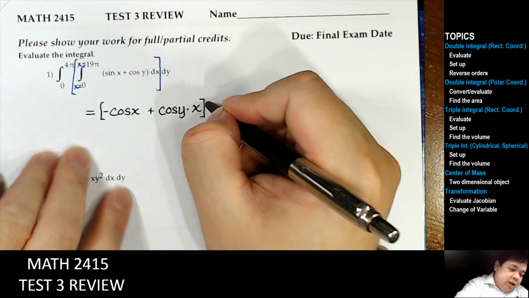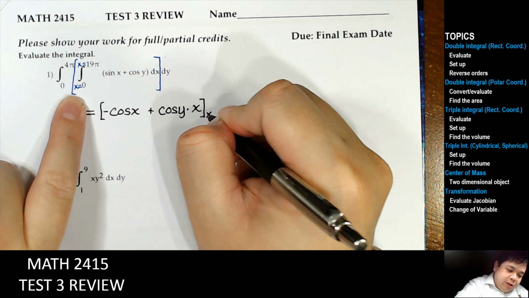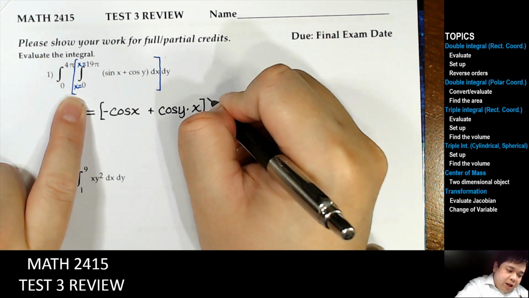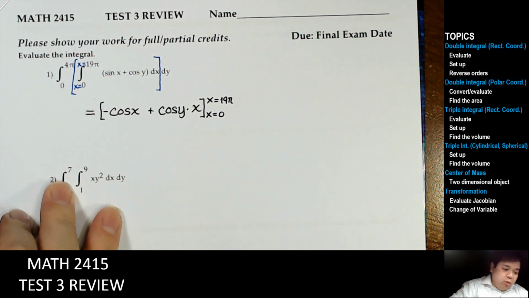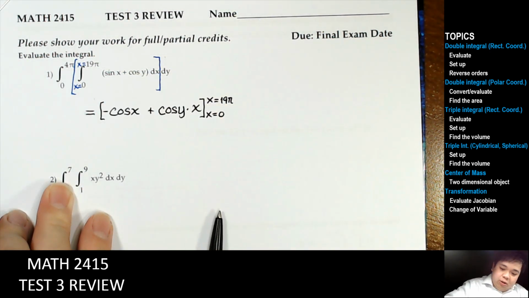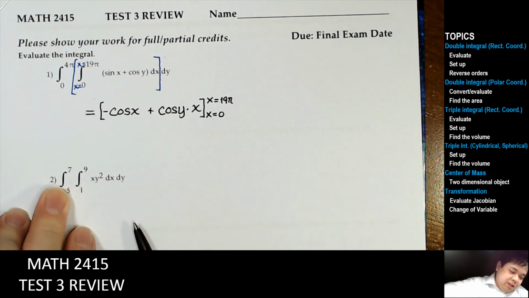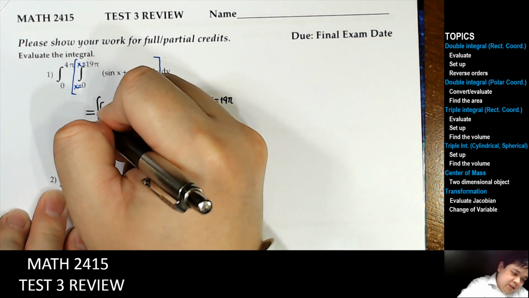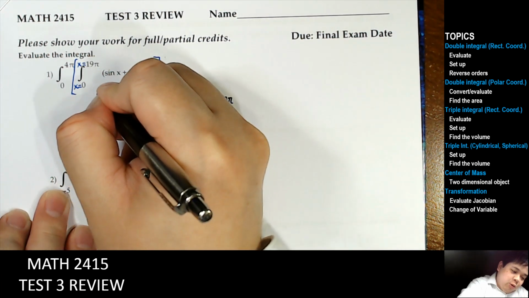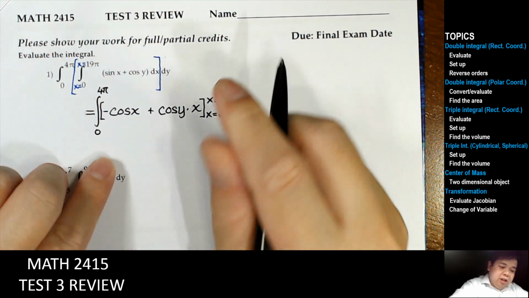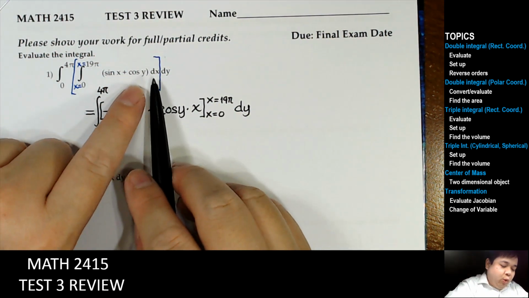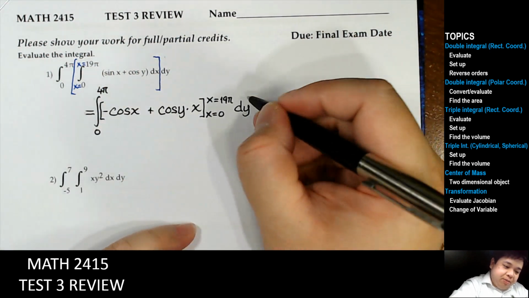We'll evaluate from x equal to 0 to x equal to 19 pi. And whatever we have, we still have the integral from 0 to 4 pi of dy.